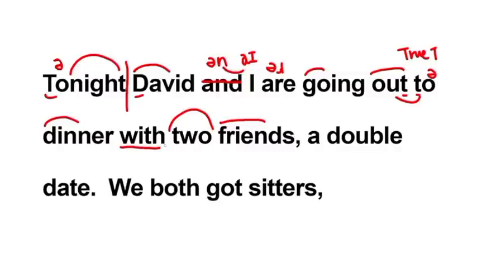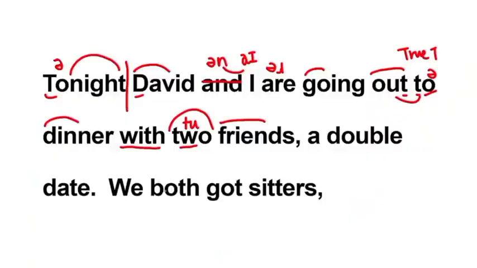With two. Now here 'two' is pronounced with the U vowel, and this word never reduces, unlike the word 'to', which almost always reduces to the schwa instead of the U vowel. With two friends, a double date.